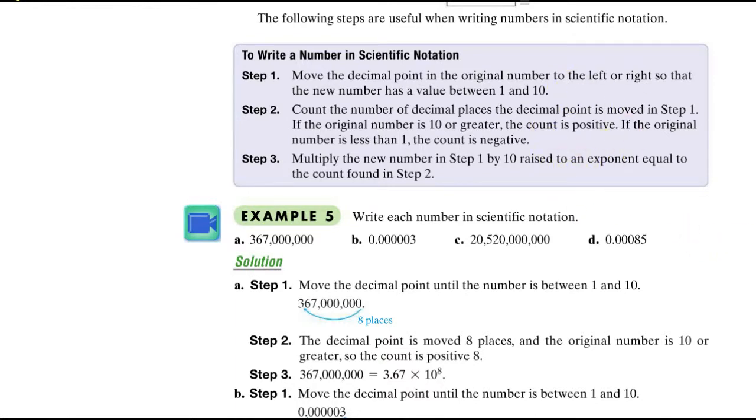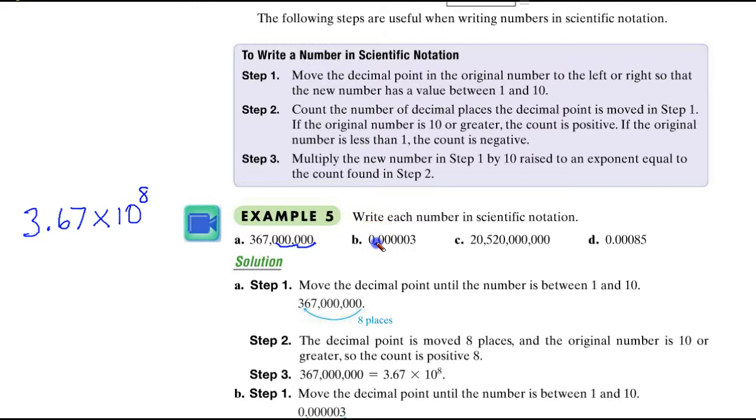So, we're going to start right here, 3, 6, 7, 8. So 3.67 times 10, and I said I moved it over 8 places.